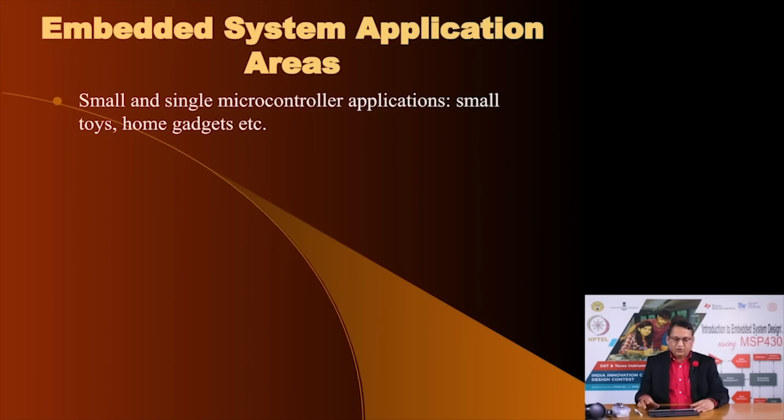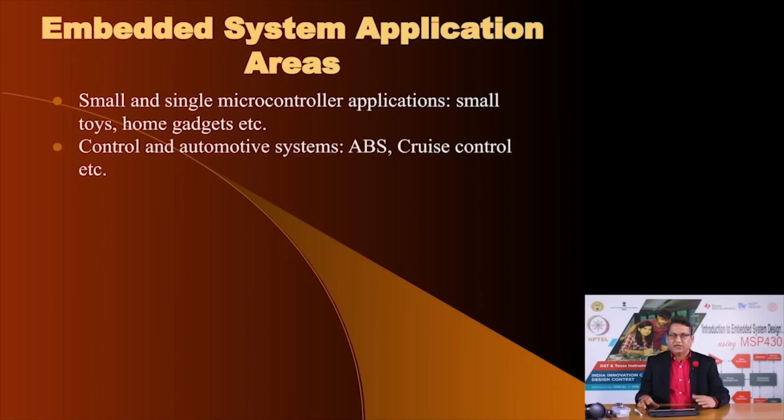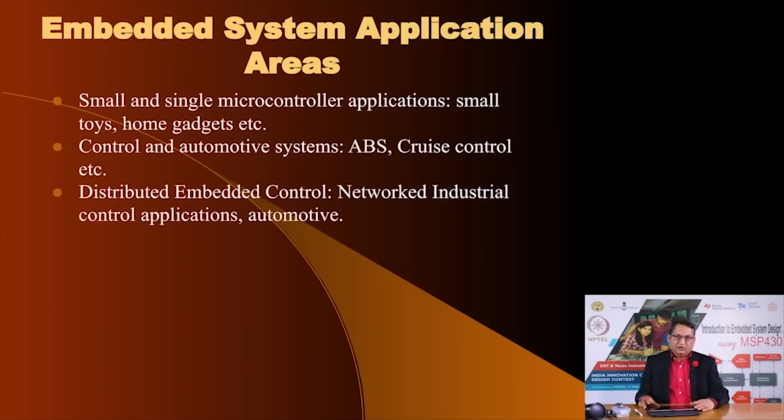Then we have control and automotive systems such as ABS, that is anti-lock braking system, and cruise control system in a car. For distributed and embedded control, another classification of embedded system, you would have networked industrial equipment and automotive applications. Then you have networking classification, where all the network switches would fall in that category.